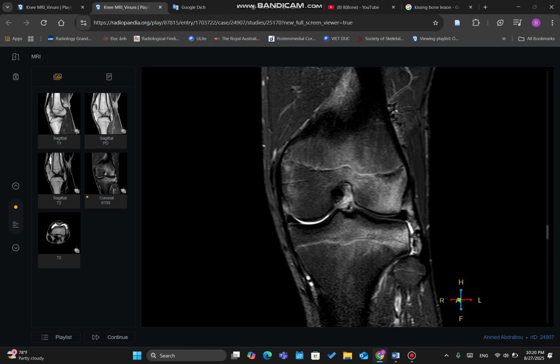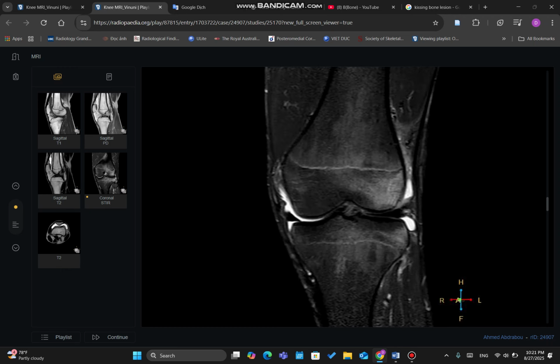And why is this differentiation so important in treatment planning? Because in the context of a grade 2 meniscal tear, the usual treatment plan will be conservative treatment, while the surgeon will consider surgical repair in the case of grade 3.